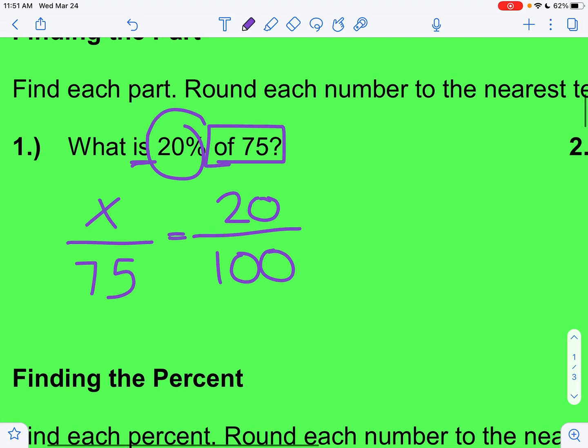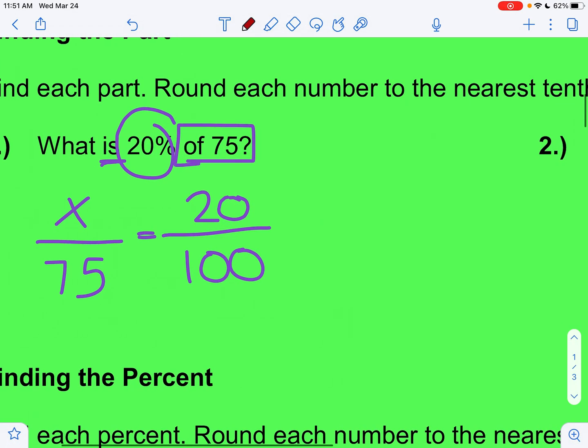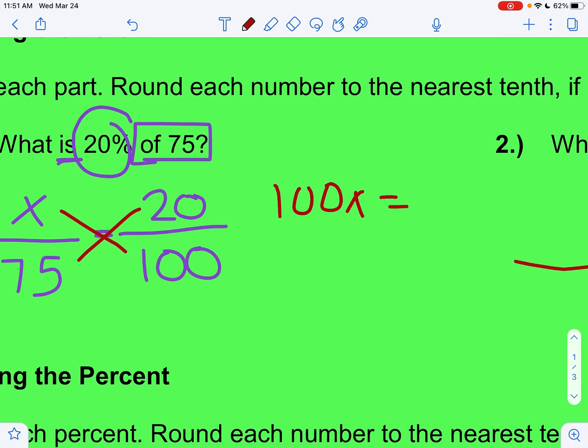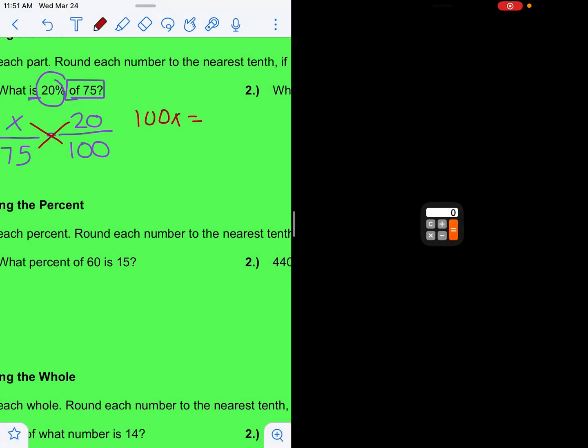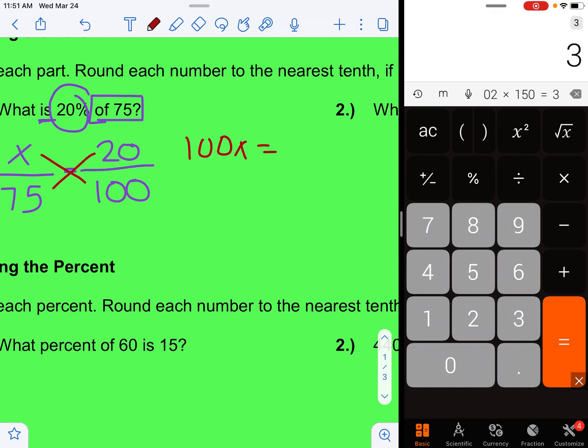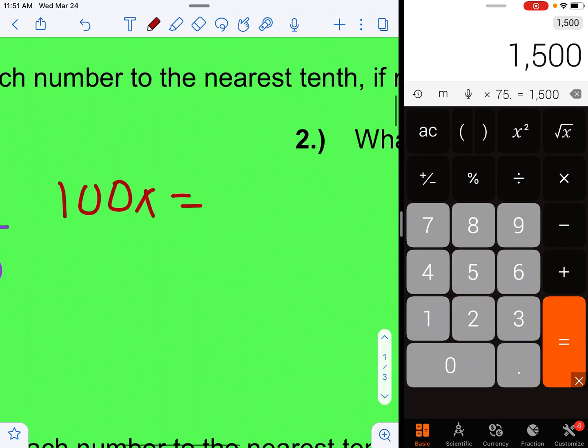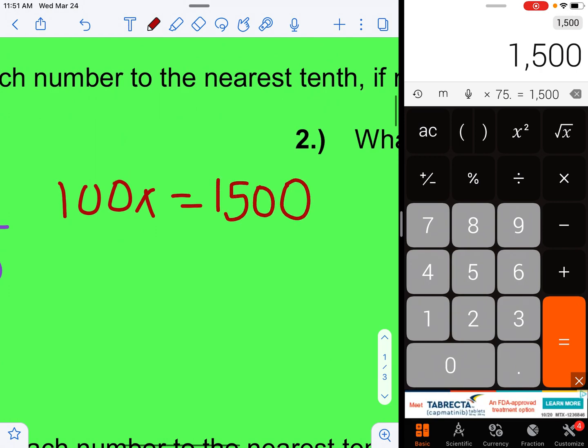So now we just need to cross multiply and solve. This is a great review of last unit. X times 100 is 100x, and that's equal to 20 times 75. You can go ahead and get your calculator out. We're taking 20 times 75, which is 1500.